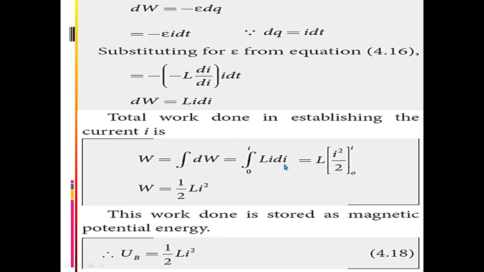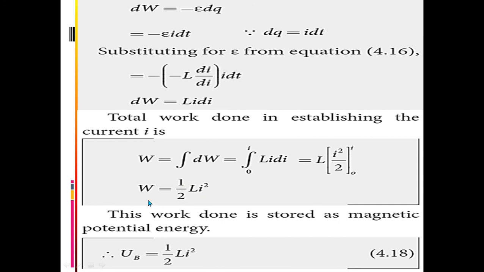Integration of I into di is nothing but I square divided by 2. The upper limit and lower limit are I and 0. Upper limit minus lower limit: substituting the upper limit value, I square divided by 2 minus 0 square divided by 2. So the last step is W is equal to 1 by 2 L I square.